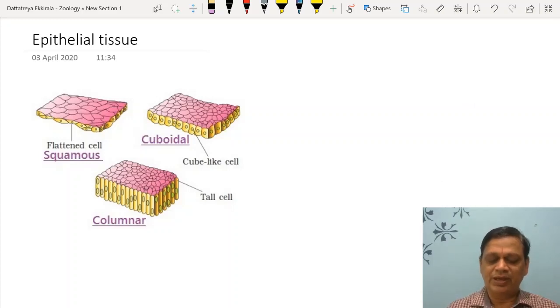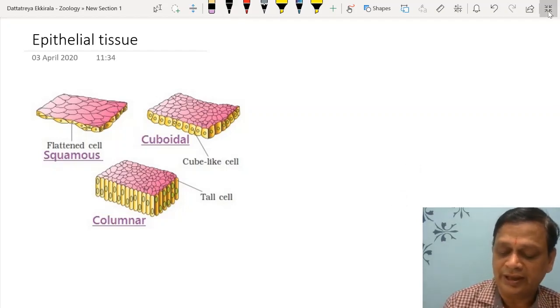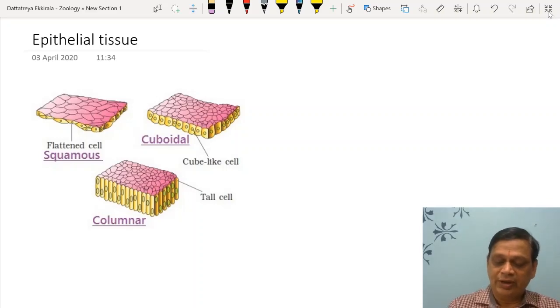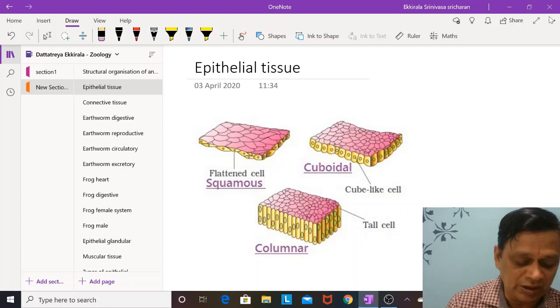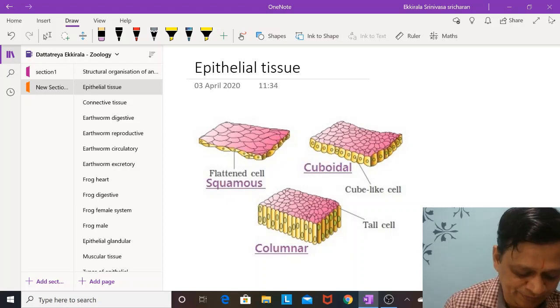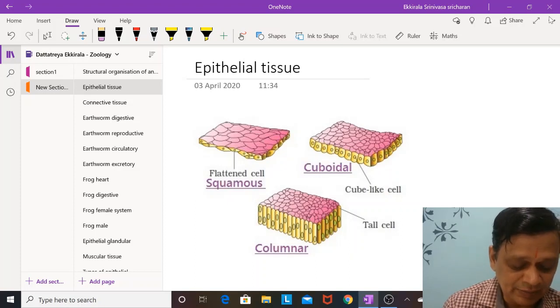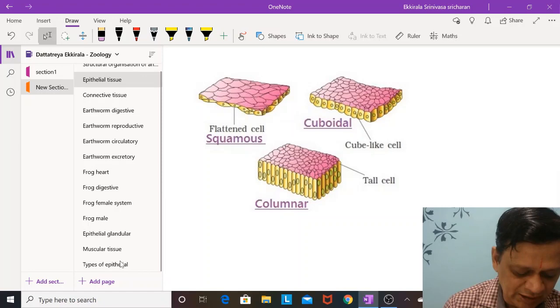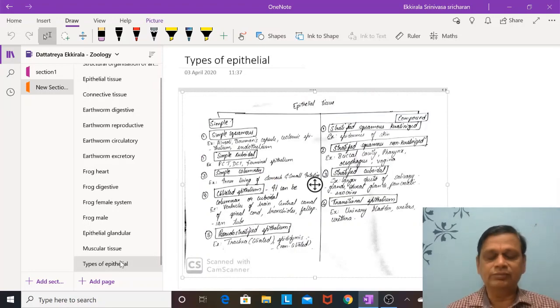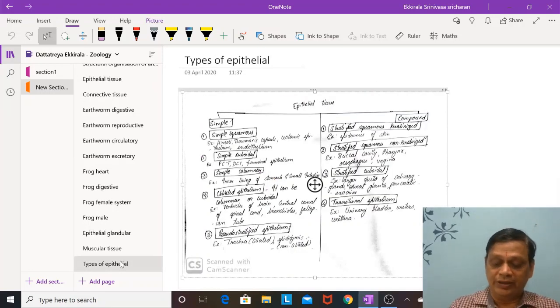So what will be the basic thing? Simple means it is made up of a single layer. When it is made up of only one layer, we call it a simple epithelium. If it is made up of many layers, then we call it compound epithelium. Compound epithelium means many layers.